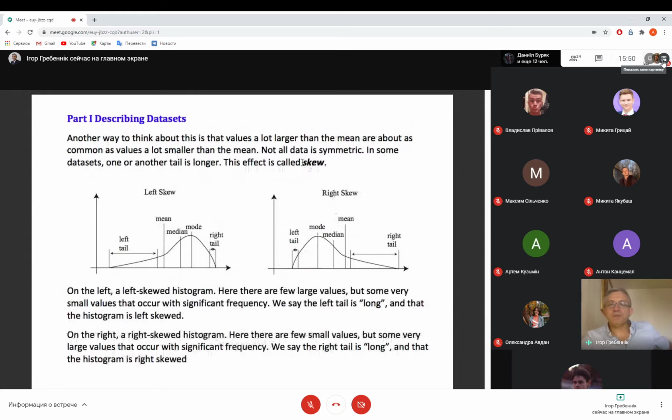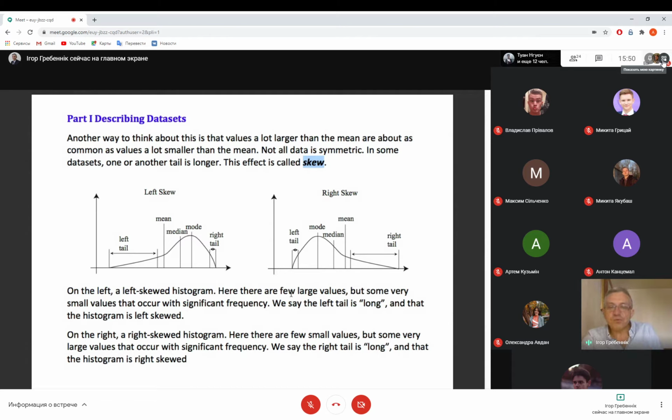A special type of histogram is called skew, and for this effect we have two types, left skew and right skew. Here we have a left skew histogram and its characteristics.